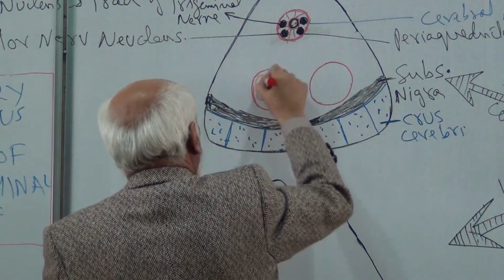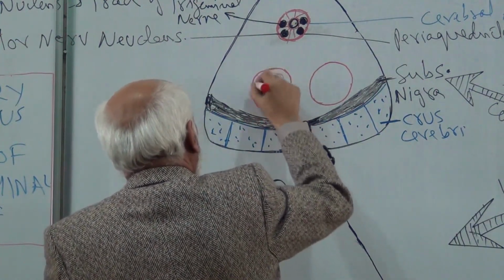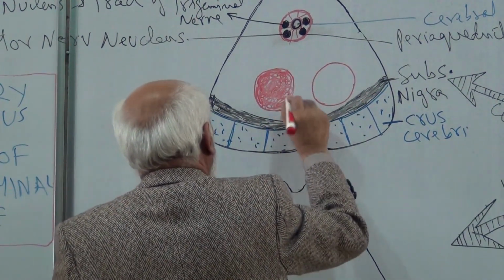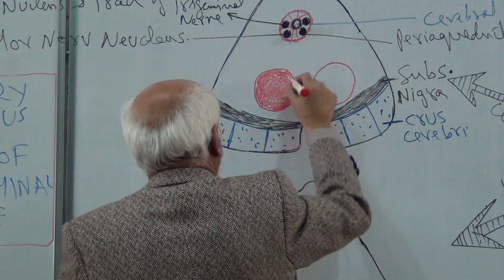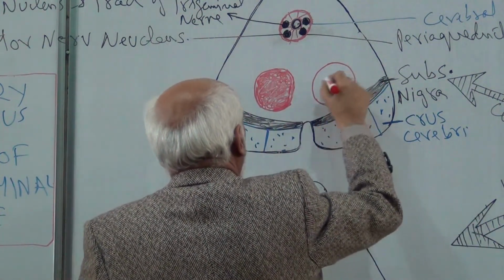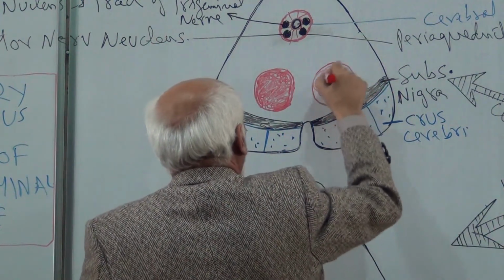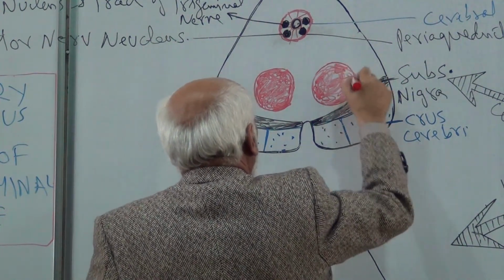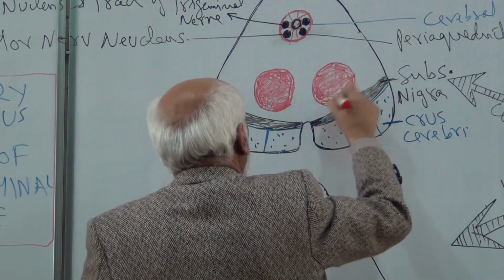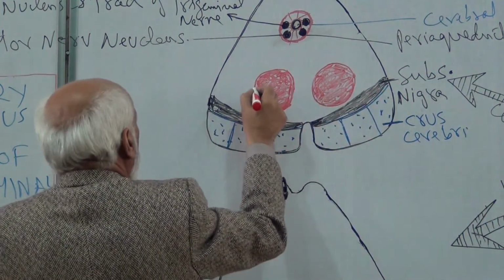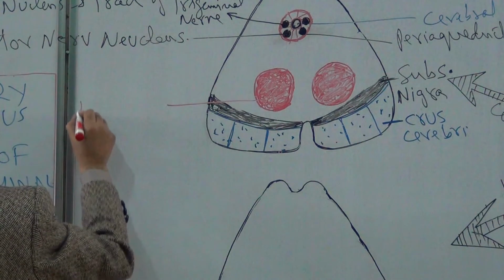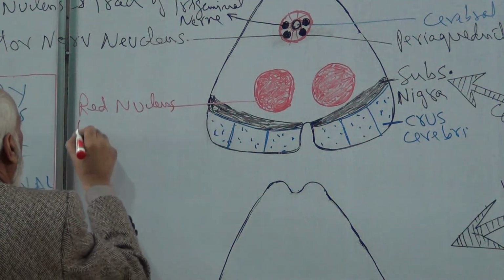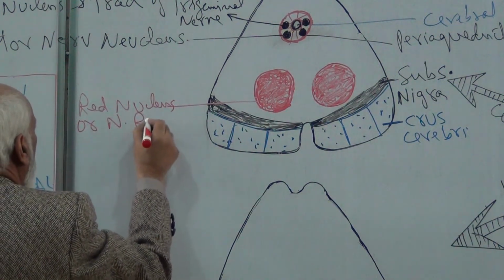Nucleus rubra or red nucleus, in the upper half of the midbrain at the level of superior colliculus.